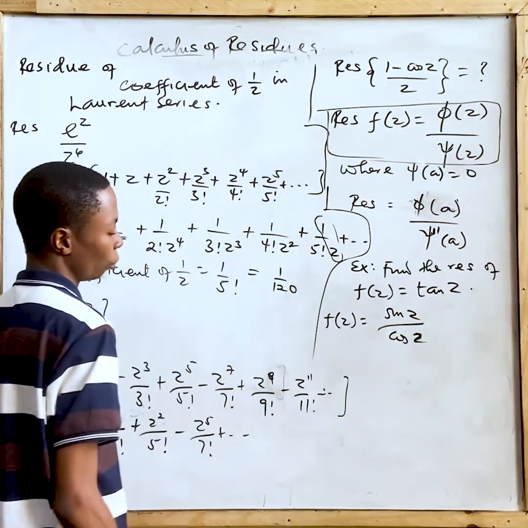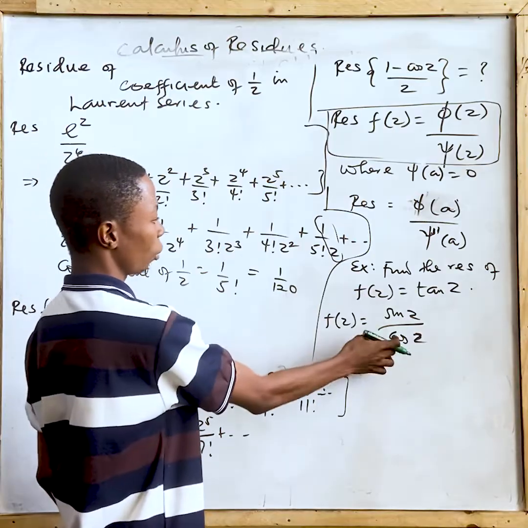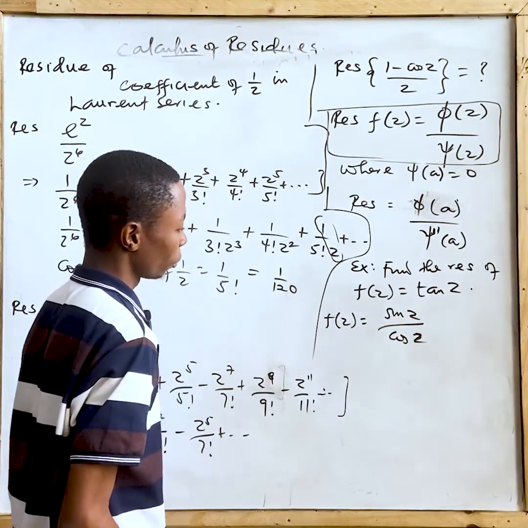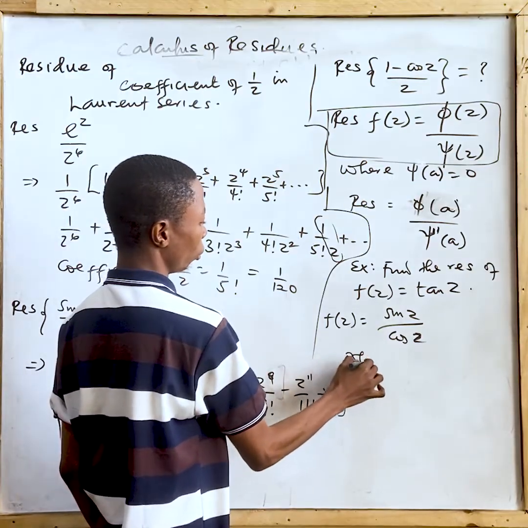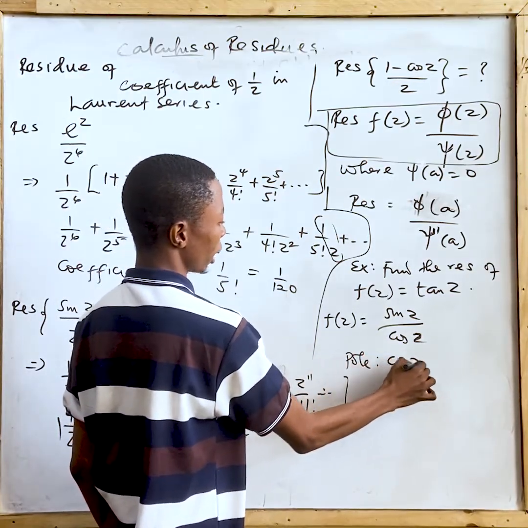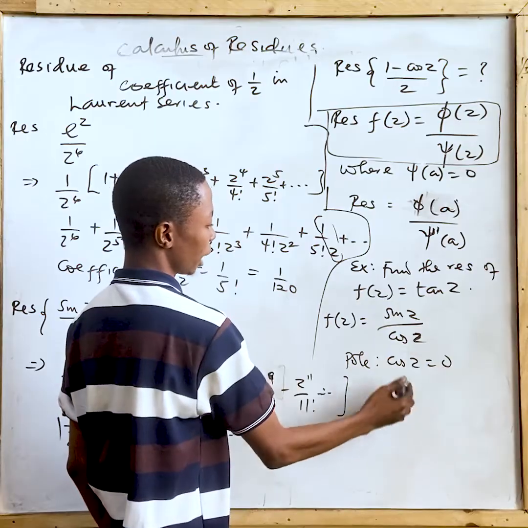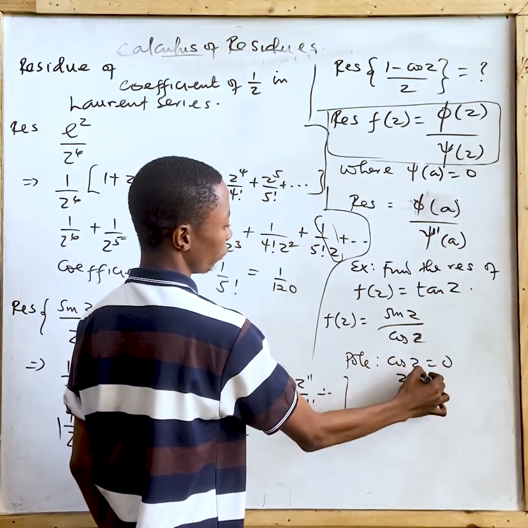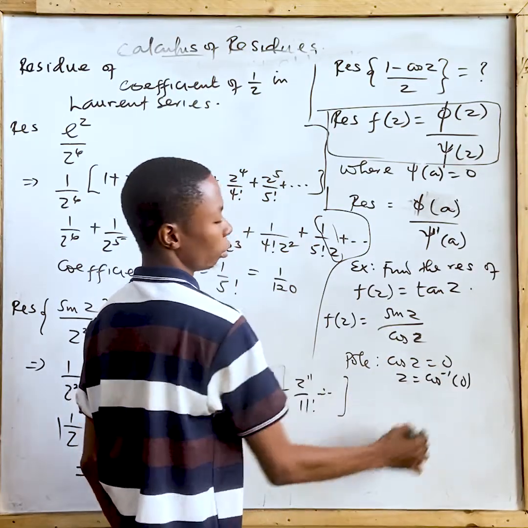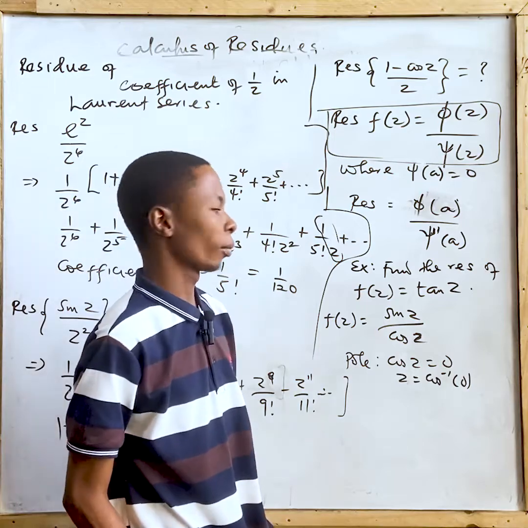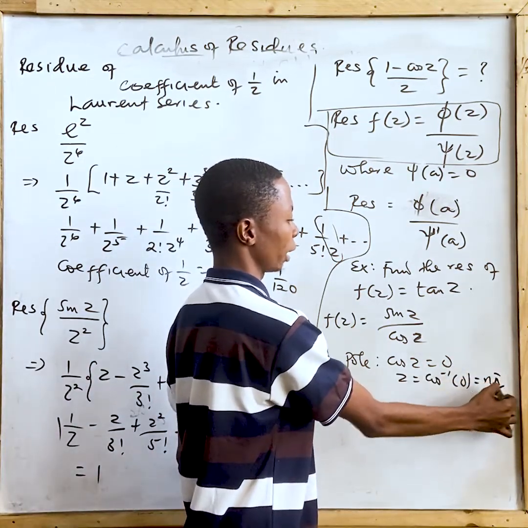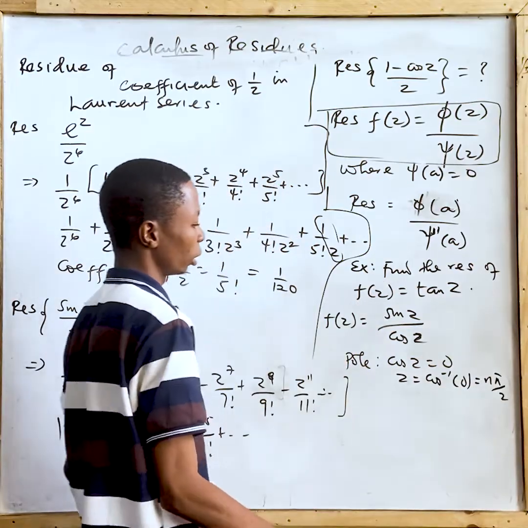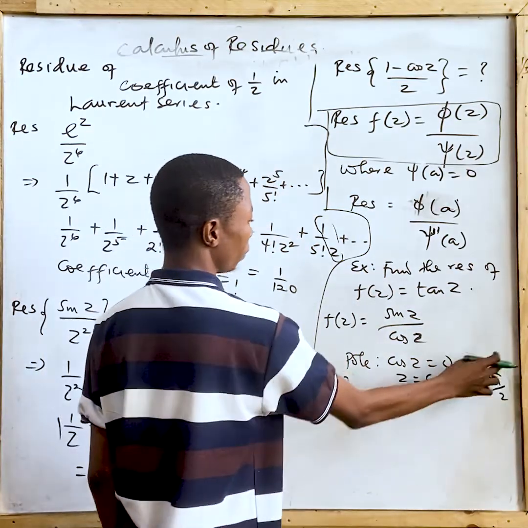Now, what are the poles of this sin z over cos z? The pole is when we equate the denominator to 0. So the pole is when cos z is equal to 0, and z is the cos inverse of 0. Cos 90 degrees is 0, so generalizing, z equals n pi over 2.